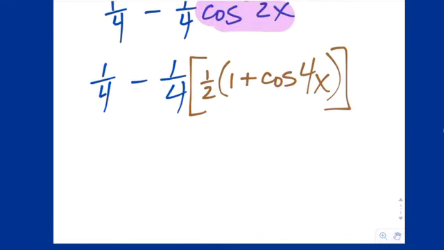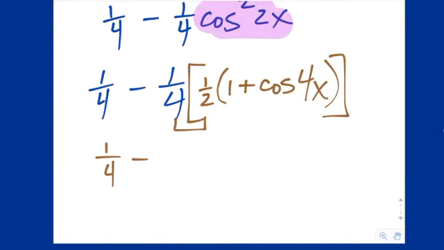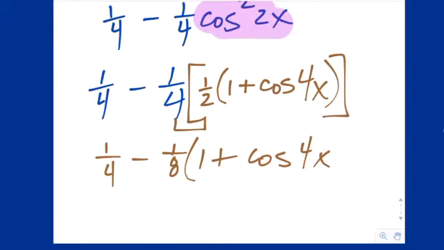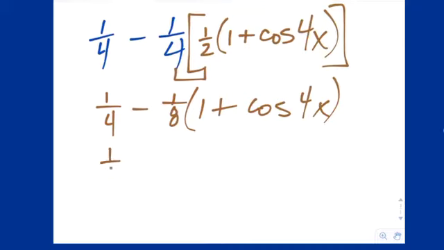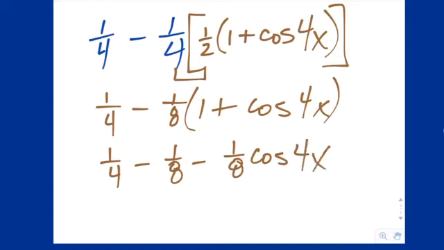And now if I distribute, I'm going to go ahead and multiply those together, staying with the beefy brown color. You get a 4th times a half, that's an 1/8, times parentheses 1 plus cosine of 4x. There's lots of little algebraic details here, so you've got to be very, very meticulous. And now if I distribute the negative 1/8, I get negative 1/8 minus 1/8 times cosine of 4x.